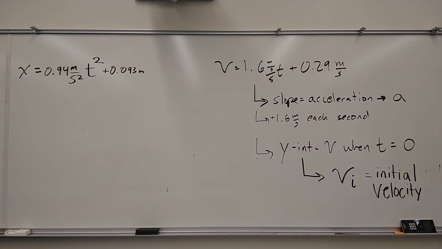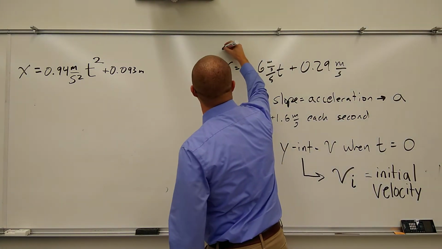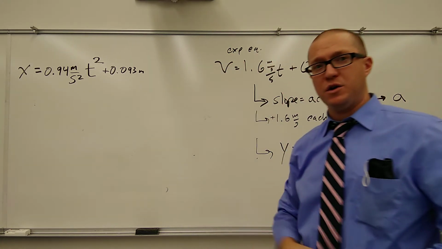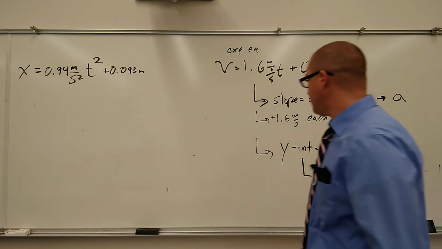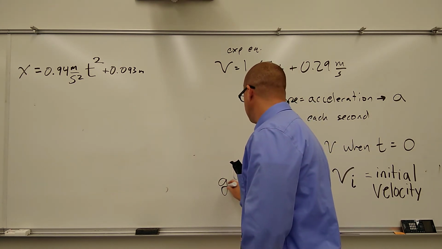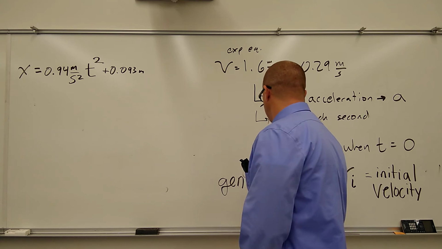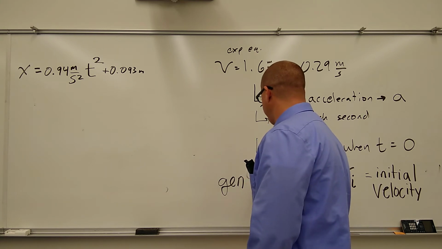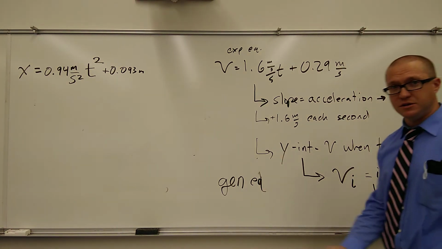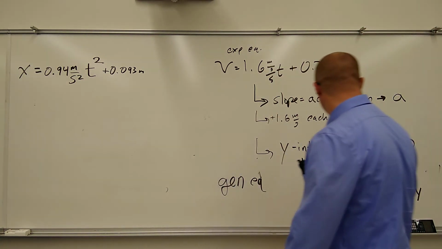So, let's put that all together. So that's our experimental equation, right? This is our experimental equation, so that goes in your evaluation of data. Our final general equation, actually, I'm just going to erase this because, well, you can always go back.